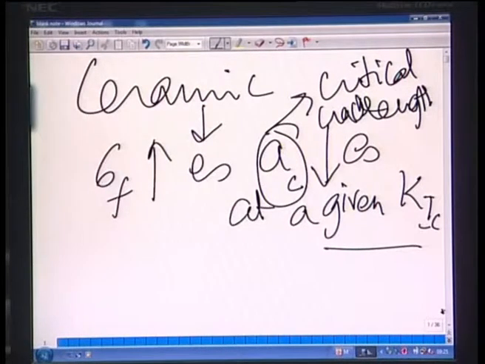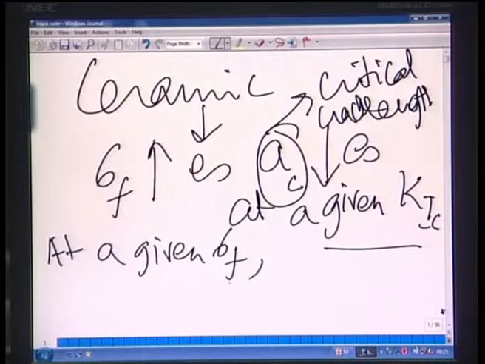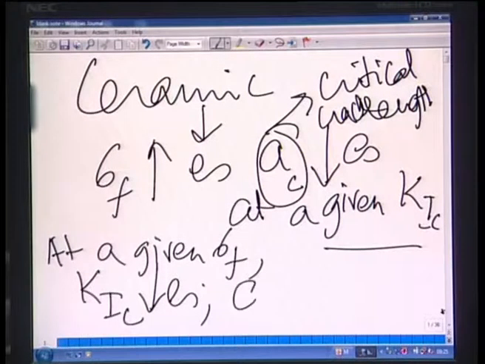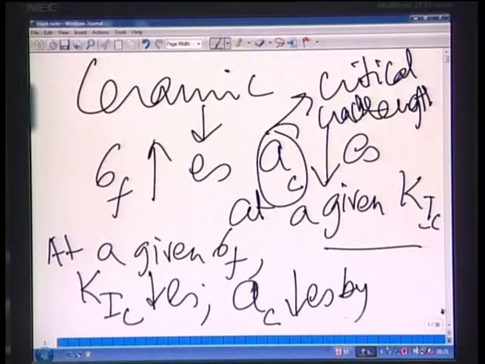The other thing is that at a given sigma f value, when the fracture strength is constant, if your K1C decreases from 100 MPa square root meter to 1 MPa square root meter, so you are decreasing the fracture toughness, then your a_c value decreases by more than 2 orders of magnitude.